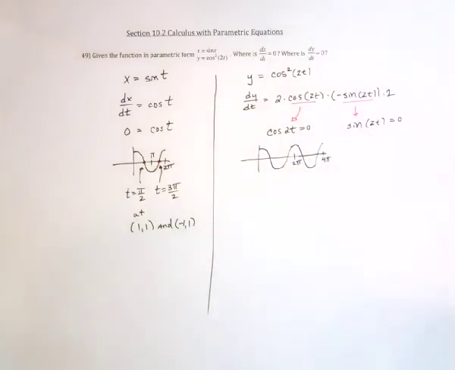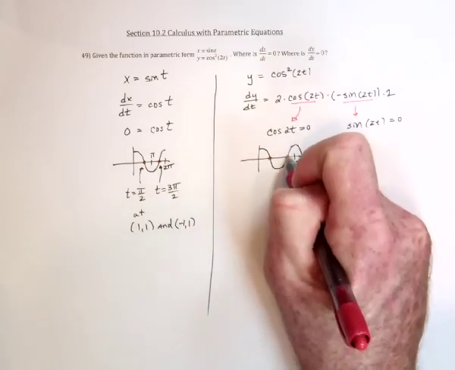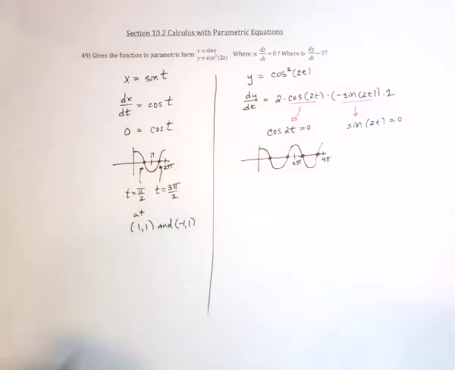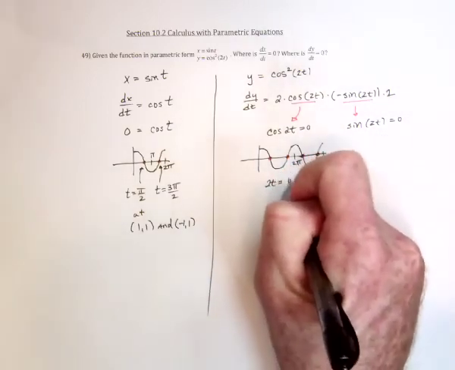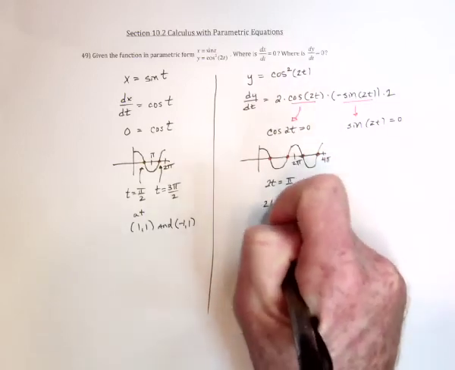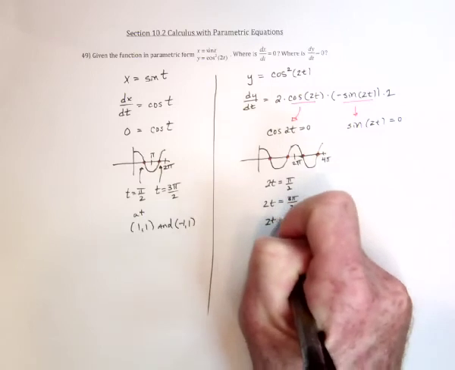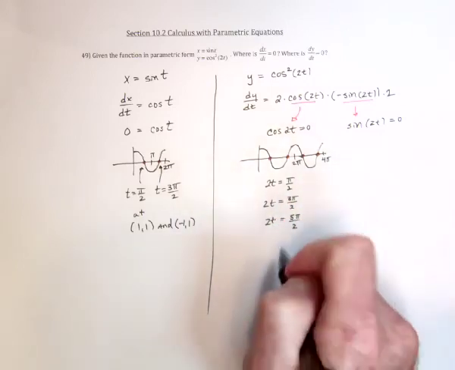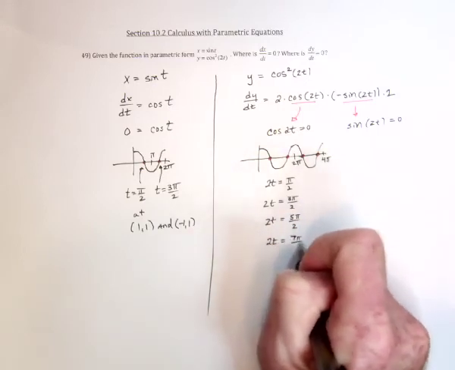And then where is it equal to 0? So we've got pi over 2, 3 pi over 2, 5 pi over 2, 7 pi over 2. And those are all for 2t equals pi over 2, 2t equals 3 pi over 2, 2t equals the next odd number, 5 pi over 2, and then 2t equals 7 pi over 2.